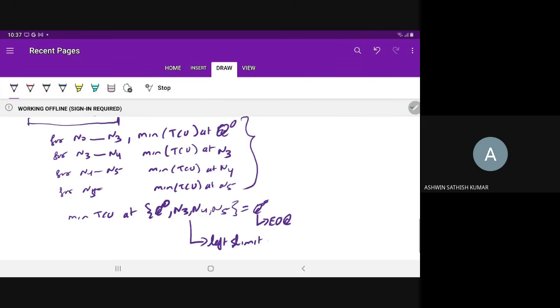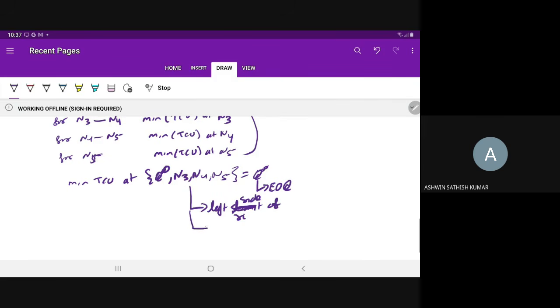the left limit of the right interval. It is the left limit of the right interval, either Q naught or left limit of the right interval.